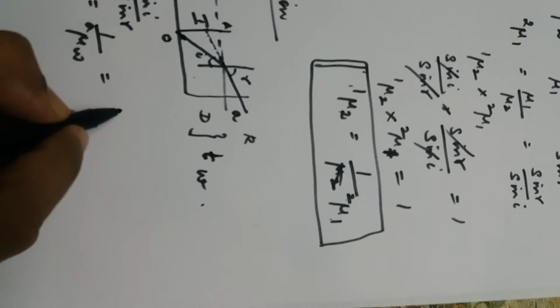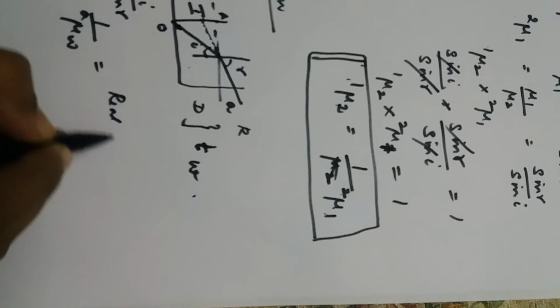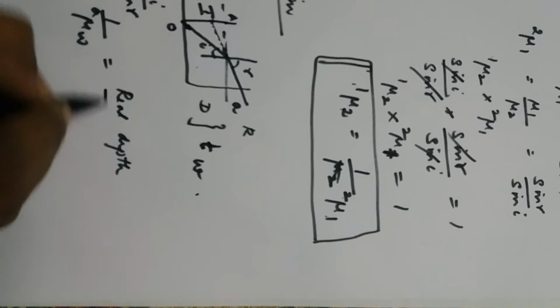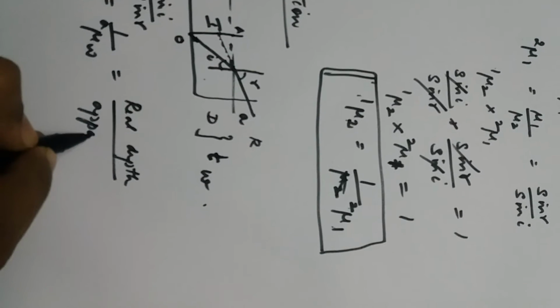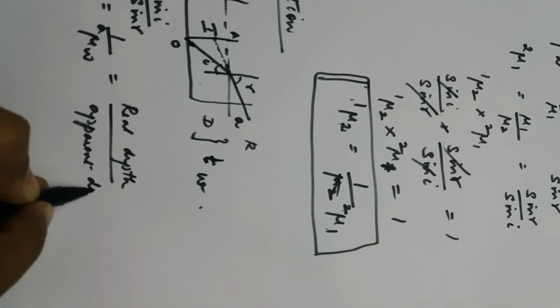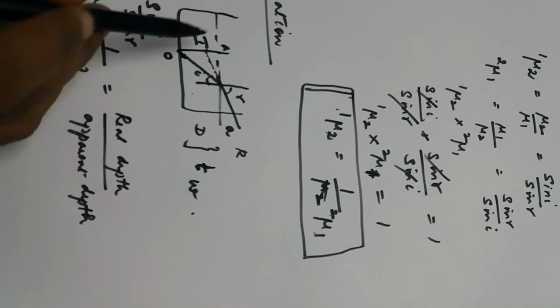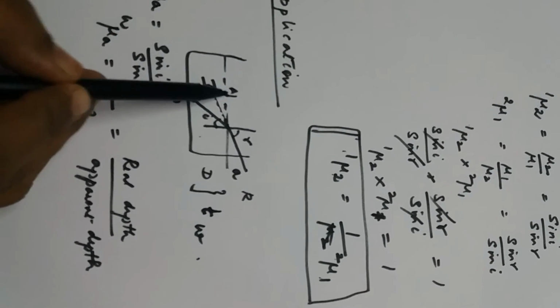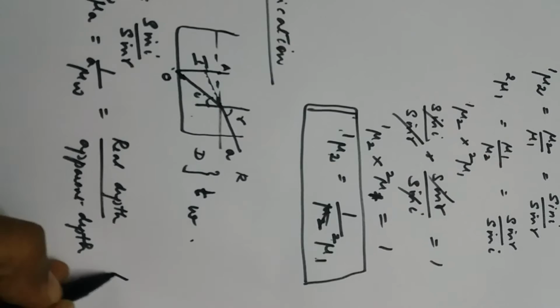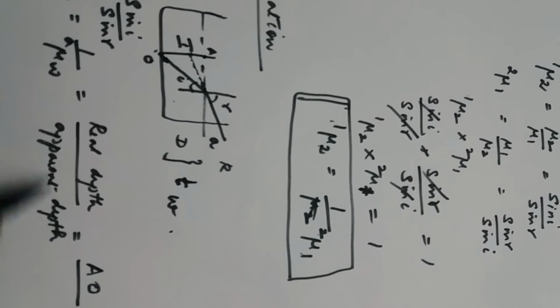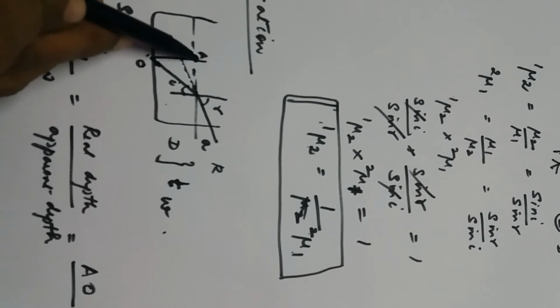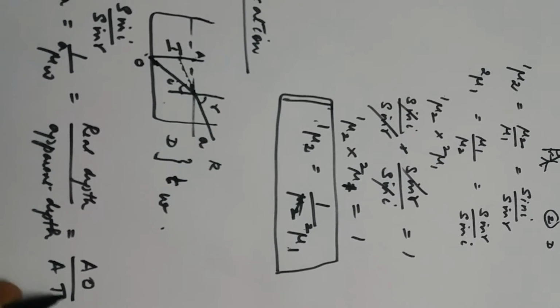So this can also be written as real depth by apparent depth. So here we know another way of representing refractive index, which is real depth by apparent depth. Now here the real depth is nothing but your AO. This is the actual depth. So we write it as AO, and the apparent depth, which is what we appear to see, is AI, which is the shallow one.